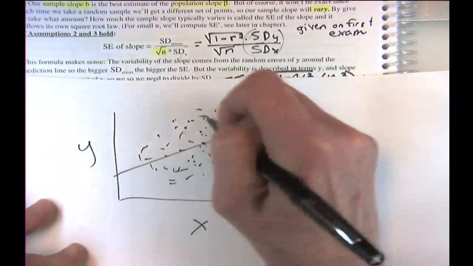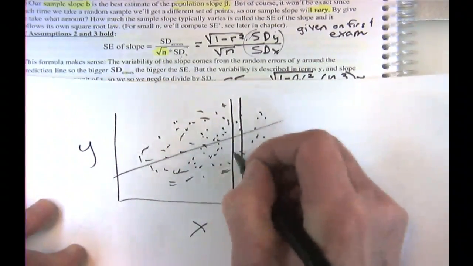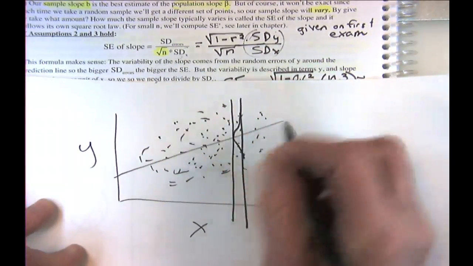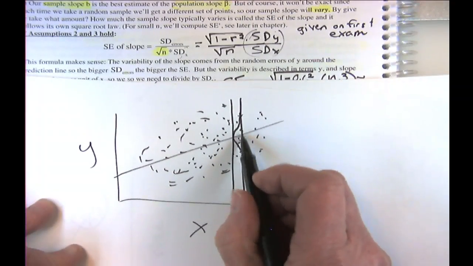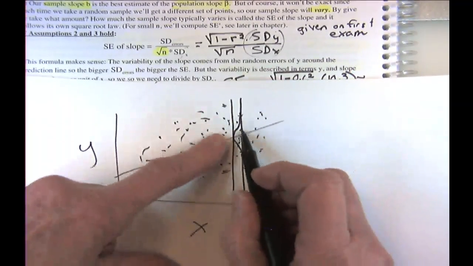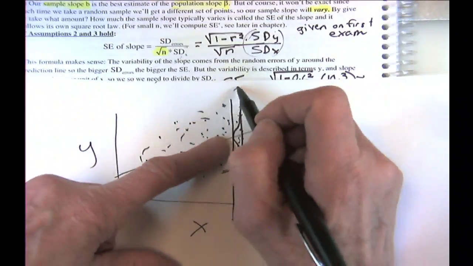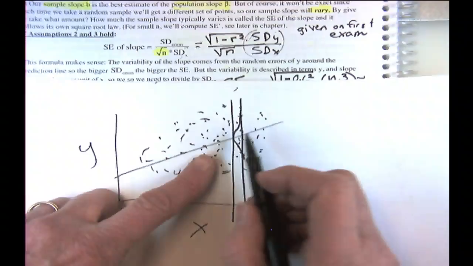It means, here's your x and here's your y. It means that if you take any vertical strip, I don't care where, inside this strip, there's going to be like a little normal curve, meaning that there's going to be more points clustered closer to your regression line, and it's not going to be skewed. It's going to be normal.